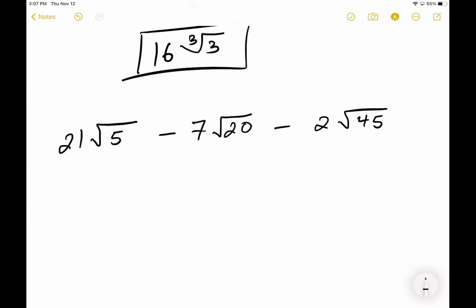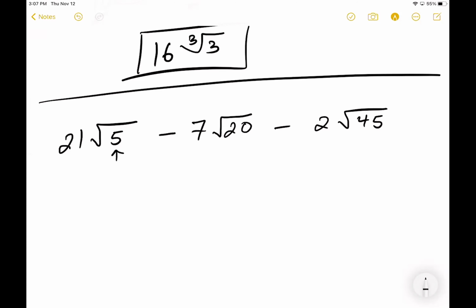So let's say you have this thing here. And one thing I want to point out to you guys, looking at this thing here, see the smallest number, right? The smallest number we have is a 5.